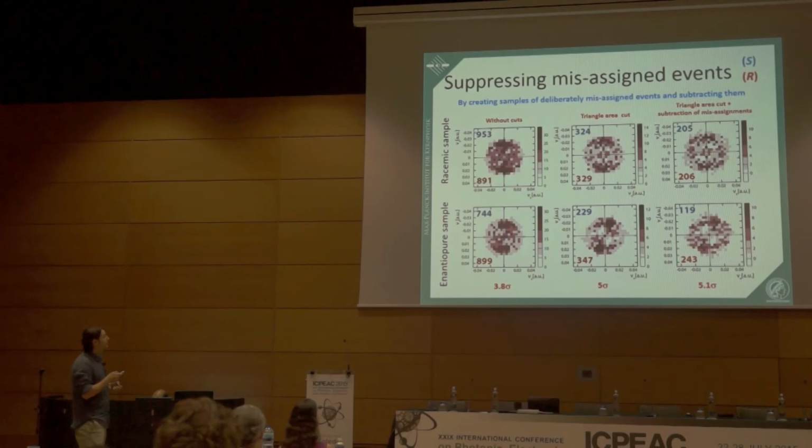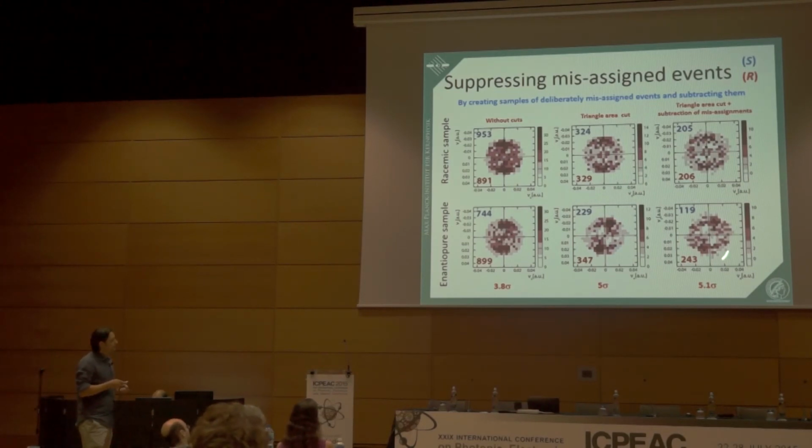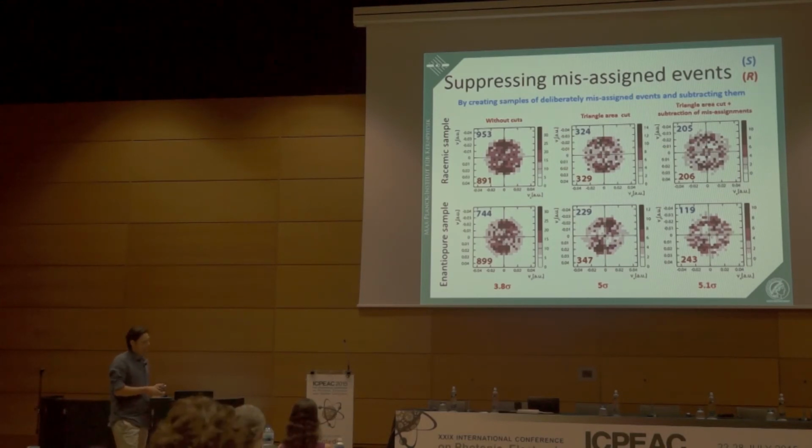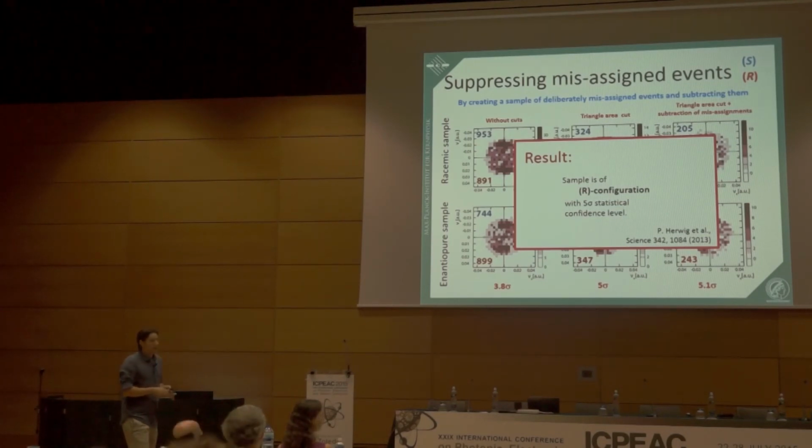Here I don't want to go into detail, but as you can see, now we have again almost perfectly symmetric numbers of Ds, as we expect, because we are looking at the racemic sample, and the contrast has enhanced very much. So the result of our measurement was that the sample is of R configuration, and we can also give a statistical confidence level of 5 sigmas.